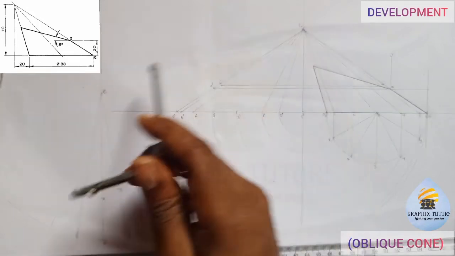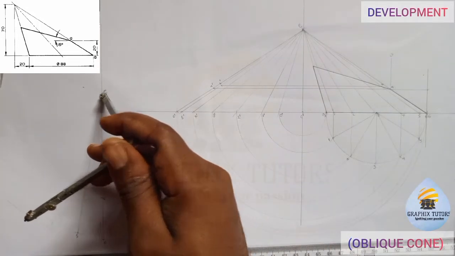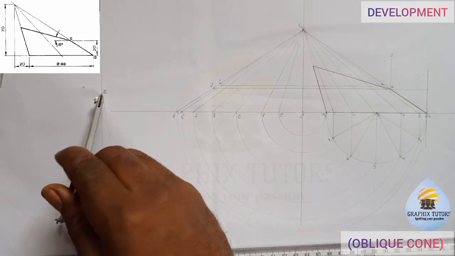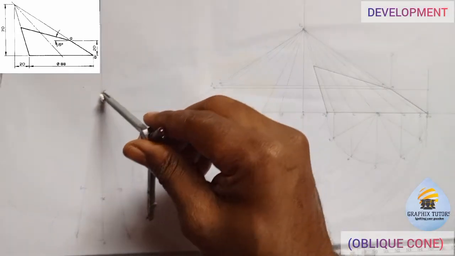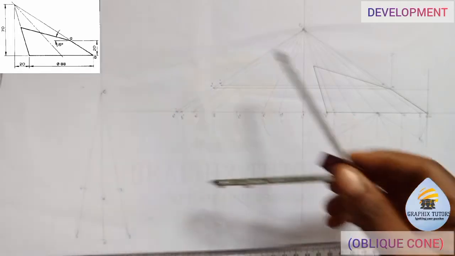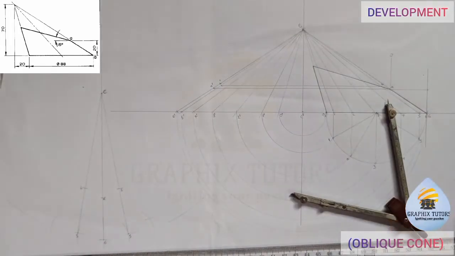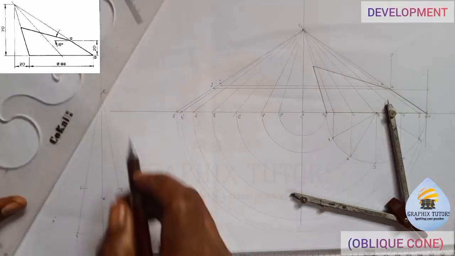I'll come to C, I'll mark on that line. Cut this. Then I'll come here, I'll cut this, to where they meet. Where they intersect, this will be 4, and this will also be 4. All good.